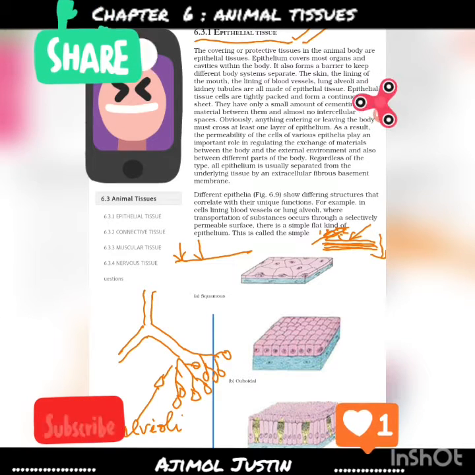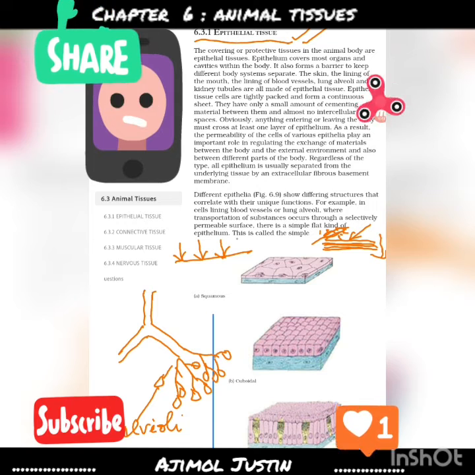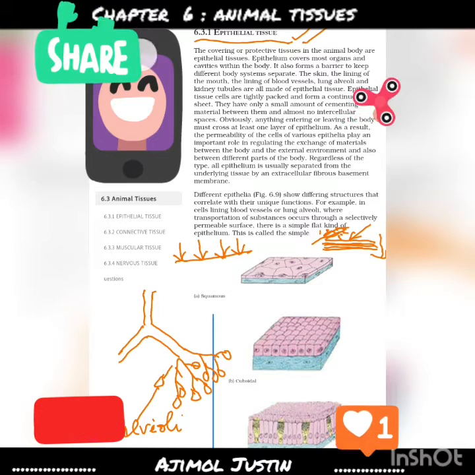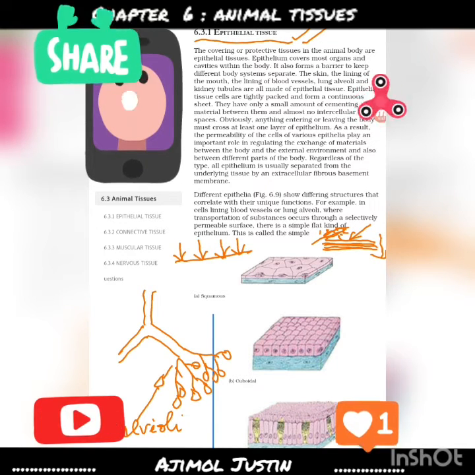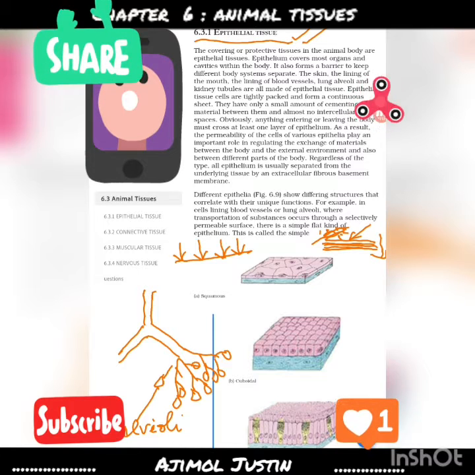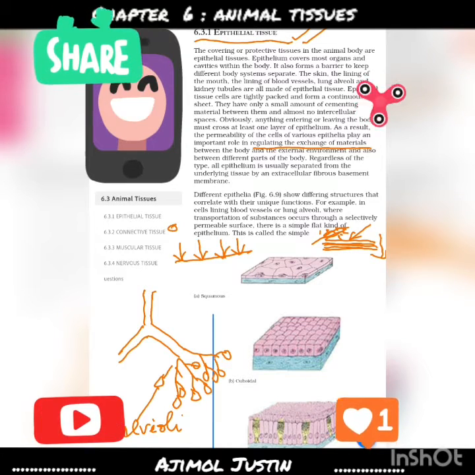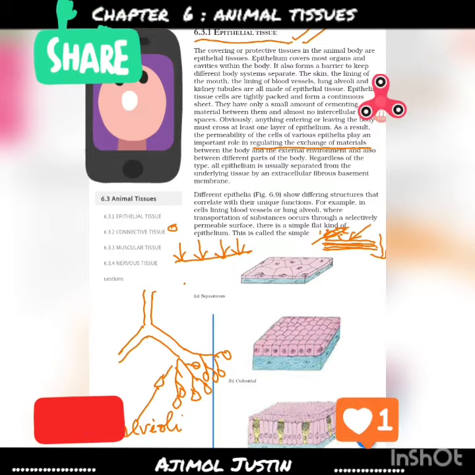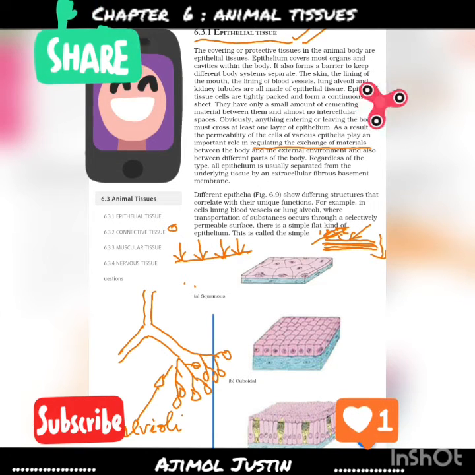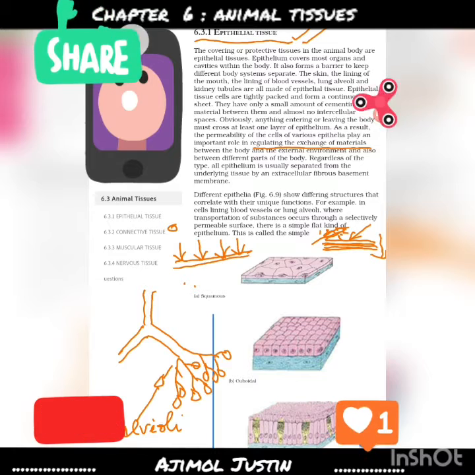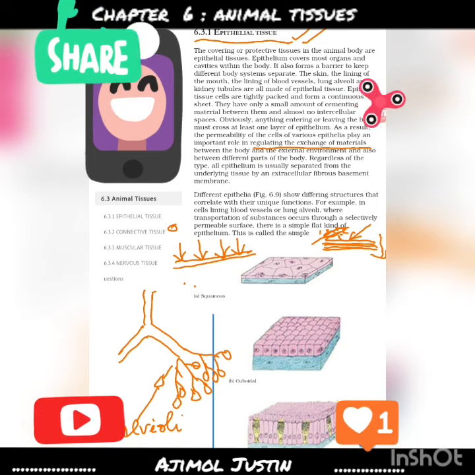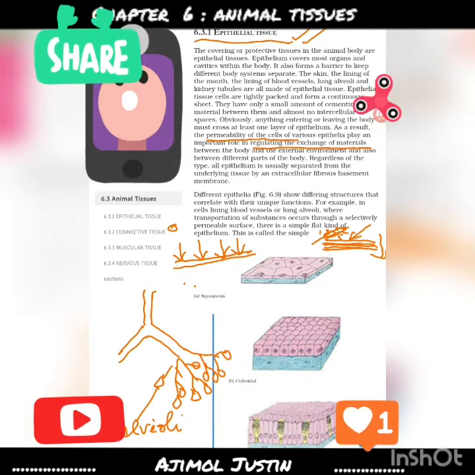If it allows things to pass through it, that means permeable. So the permeability of the cell plays an important role in regulating exchange of material. Exchange means something from inside to outside and from outside to inside. So this main process depends upon the permeability of the cells.